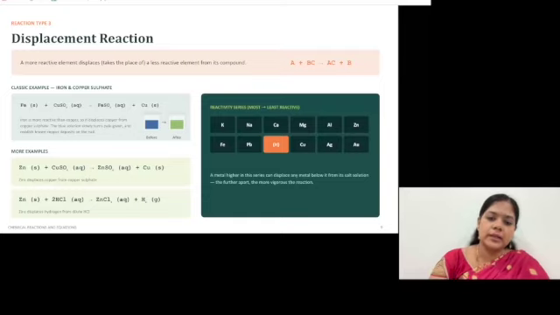So all the higher reactive metals will replace the less reactive metals. This happens in a displacement reaction. So for example, a metal can only displace another metal that's below in the series. Zinc displacing copper and zinc displacing hydrogen from dilute acid are the two examples you can remember.